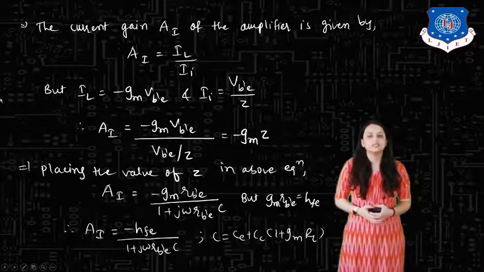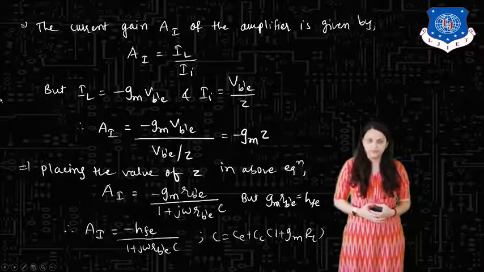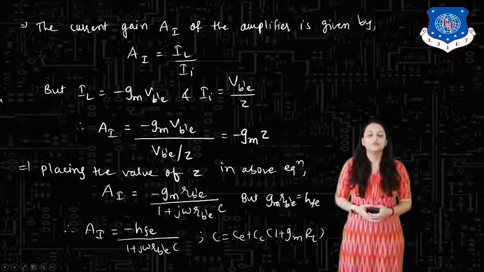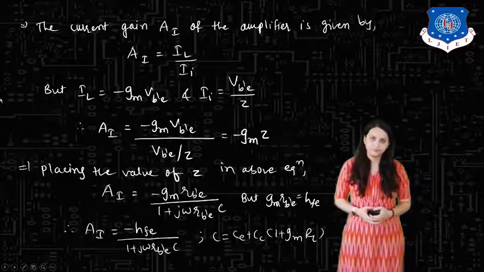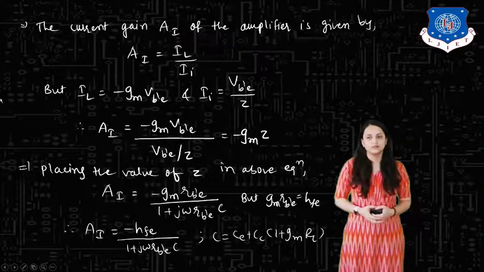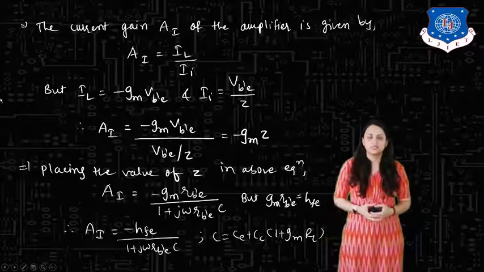So Ai equals minus hfe upon 1 plus j omega r_b'e into C, where C is given as C plus Cc into (1 plus gm RL). So this was the equation of current gain with resistive load.